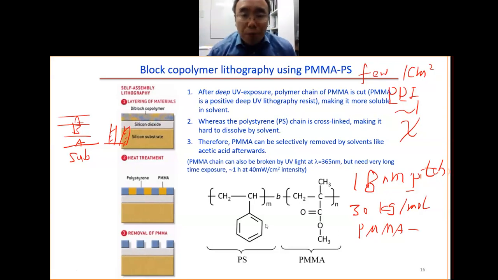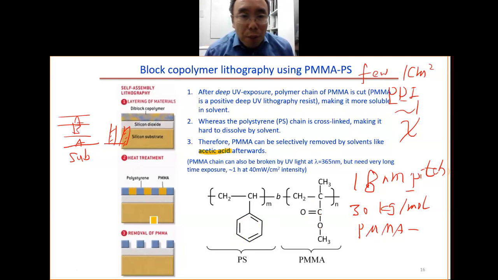How to do the pattern transfer here? We know that PMMA can be dissolved in acetic acid. This one is soluble in acetic acid, but polystyrene is not. But can we remove PMMA without removing polystyrene?